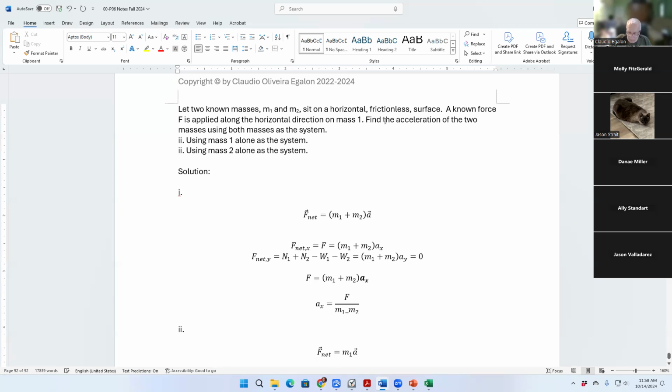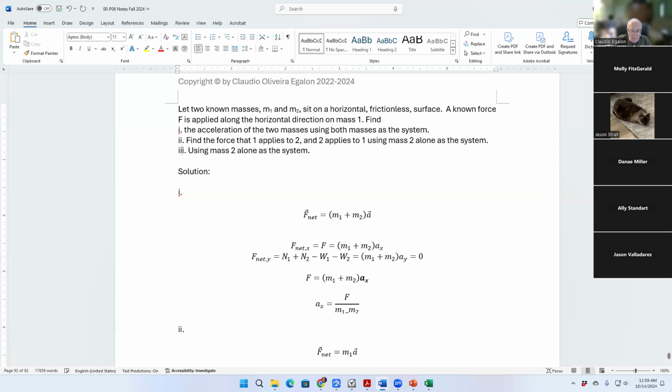Find the acceleration. Let's put it this way here: 1, 2. Find the force that 1 applies to 2, and 2 applies to 1, using mass 2 alone as the system. I'm reformulating that, okay? And then, here you go.